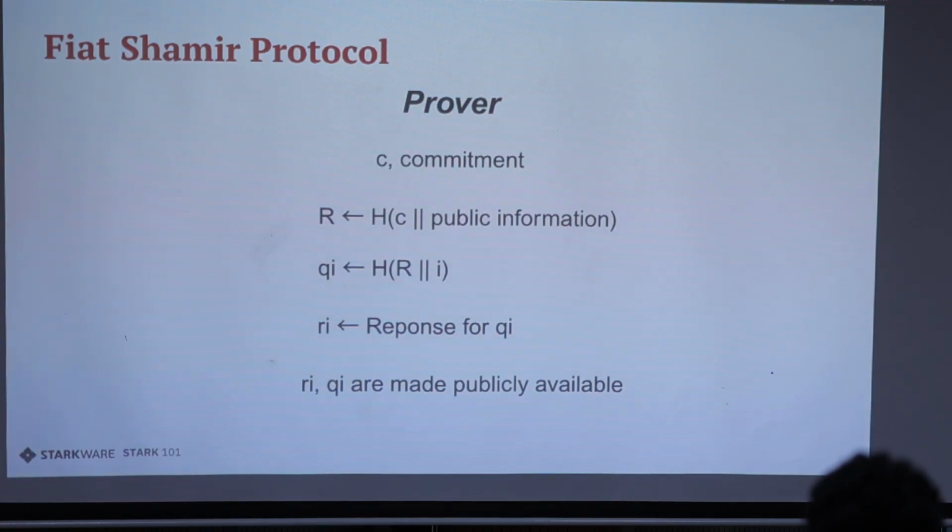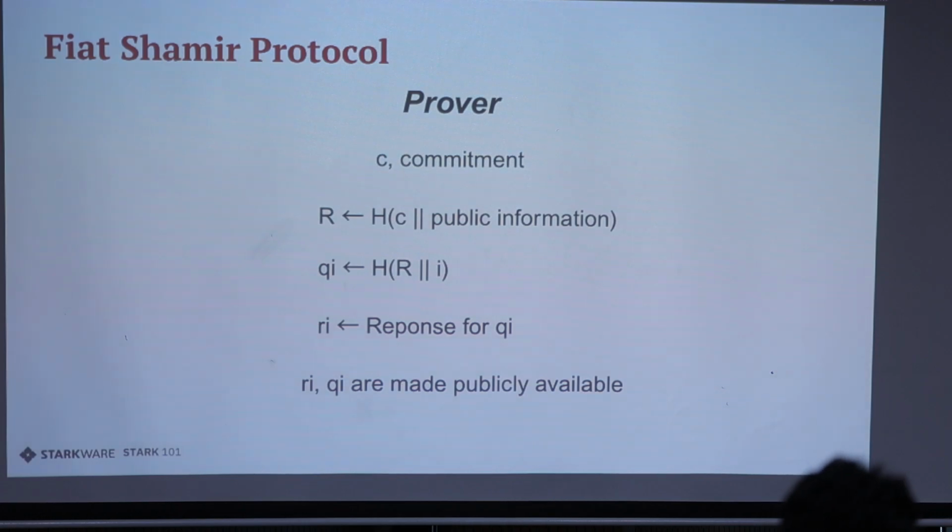So where is the security coming from in this protocol? Does anybody have any idea? The hash function, the queries generated by the hash function will effectively be random. Exactly. Because the hash function is collision resistant, well, actually not exactly collision resistant, there is another property in use here.